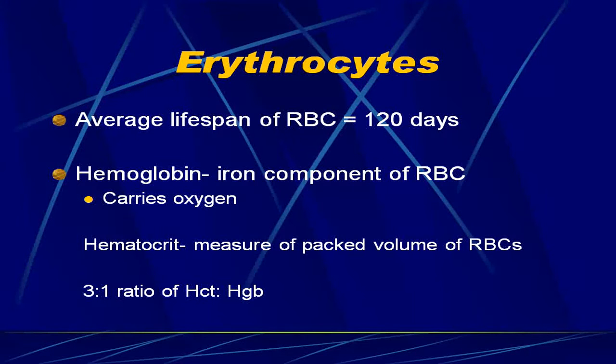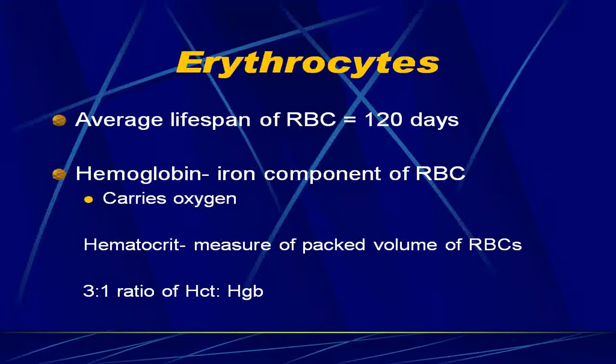With erythrocytes, they have an average lifespan of 120 days, and so when we look at the hemoglobin again, this is the iron component of the red blood cell, and its purpose is to carry oxygen. Again, the hematocrit measures the packed volume of red blood cells, the percentage of red blood cells in the total blood volume.